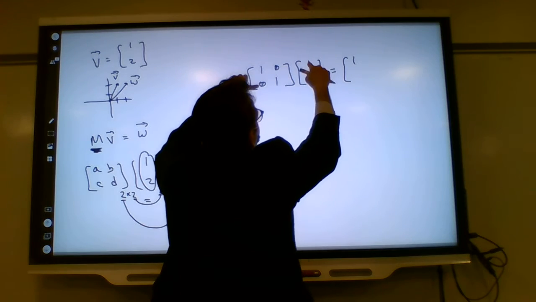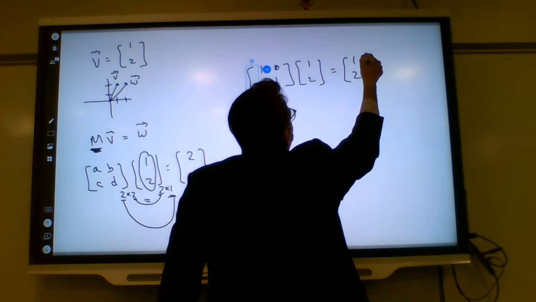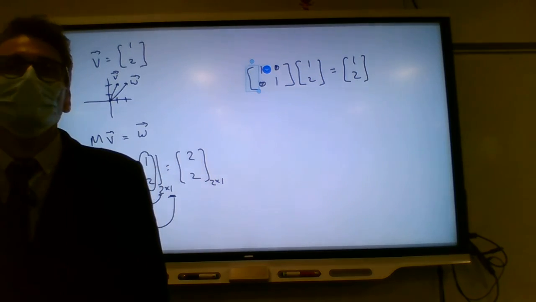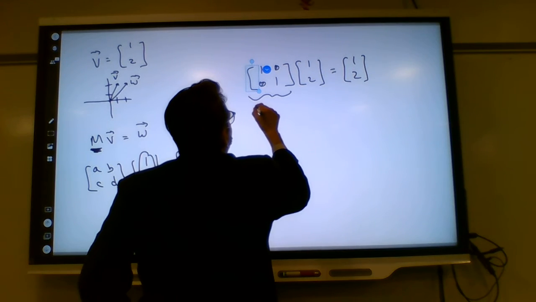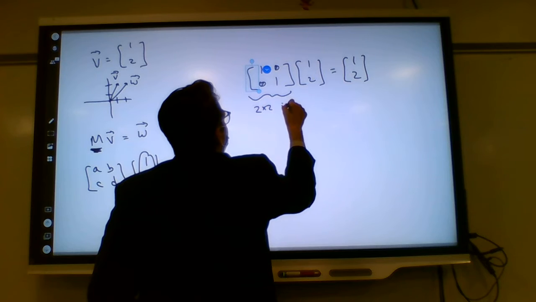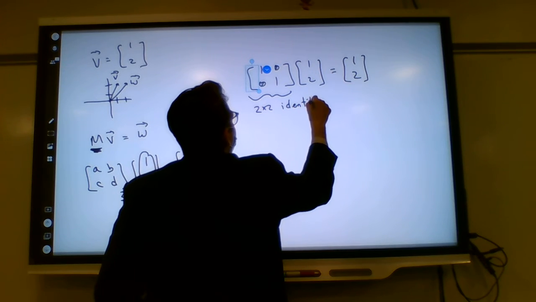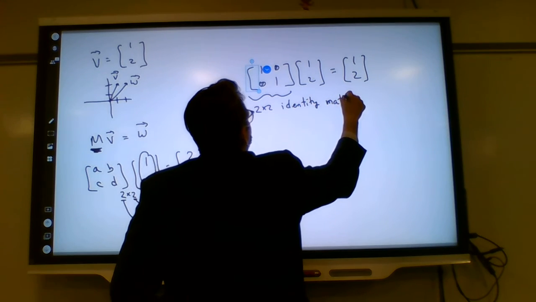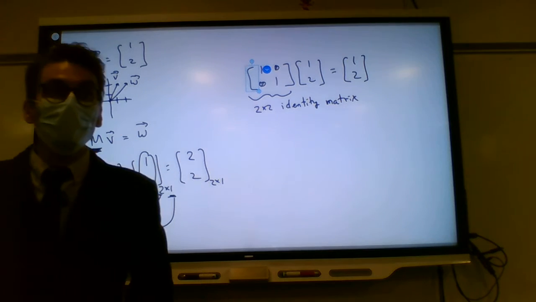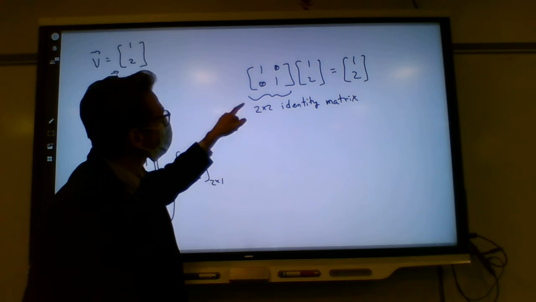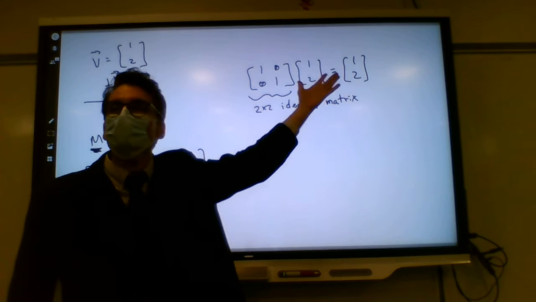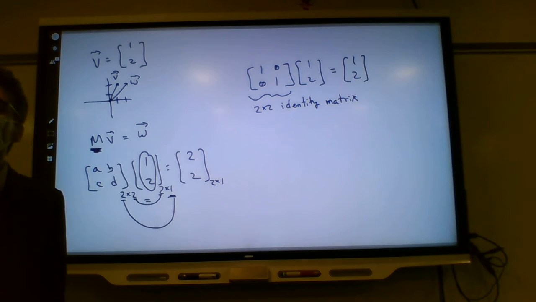Second gives 0 plus 2, which is 2, which does what? Nothing. This is called the 2 by 2 identity matrix. It plays the role of the number 1, right? Multiply by that and nothing changes. So the 2 by 2 identity matrix doesn't change your output. So that's not the matrix we want.